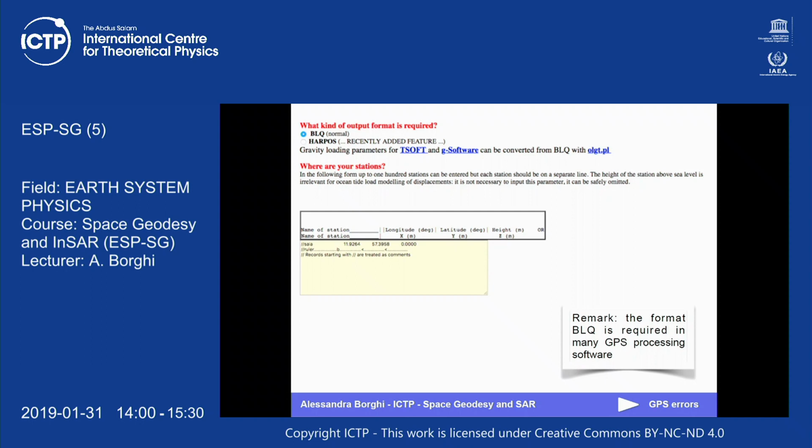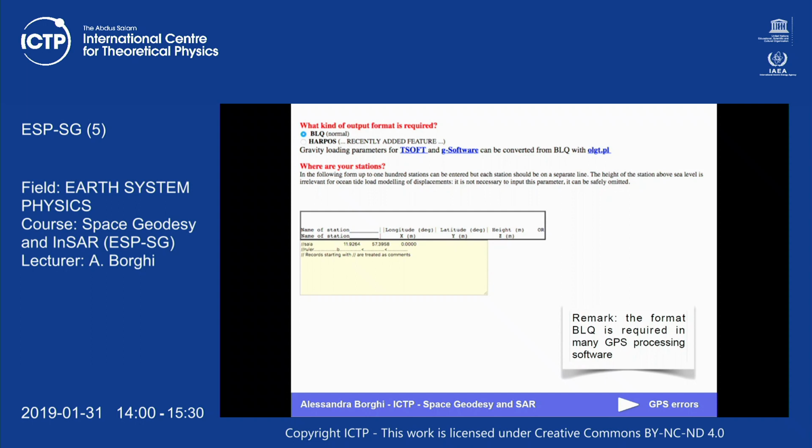You can use X, Y, Z, or longitude, latitude, and height. You copy this information, put it here, and press a button, fill a field with your email address, and you receive a file in, for instance, the BLQ format. And this can be used.